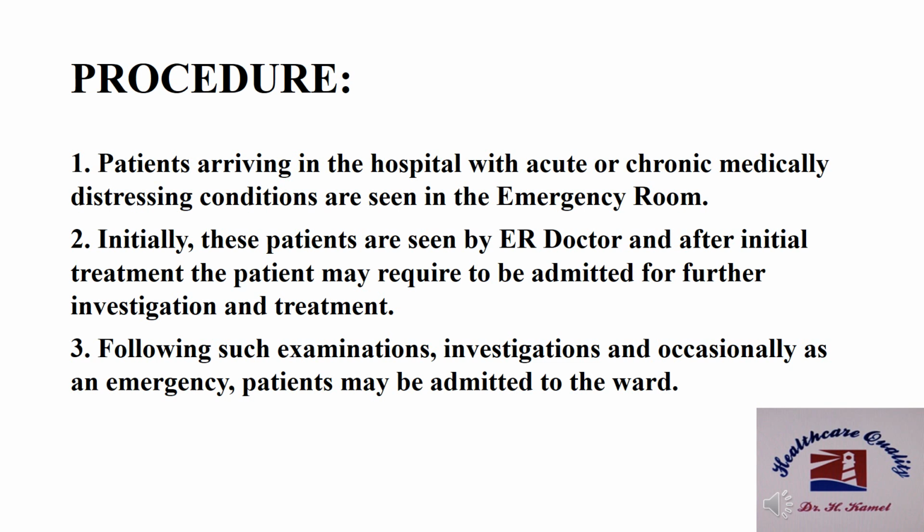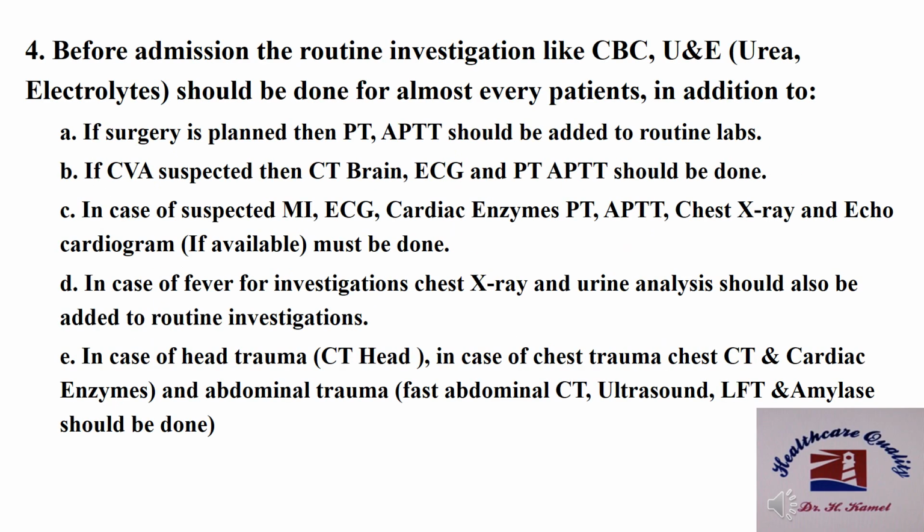Following such examinations, investigations, and occasionally as an emergency, patients may be admitted to the ward. Number 4. Before admission, the routine investigations like CBC and urea and electrolytes should be done for almost every patient, in addition to the following.